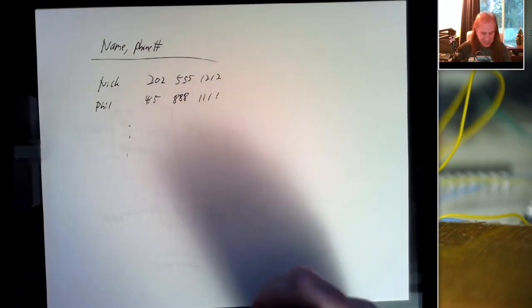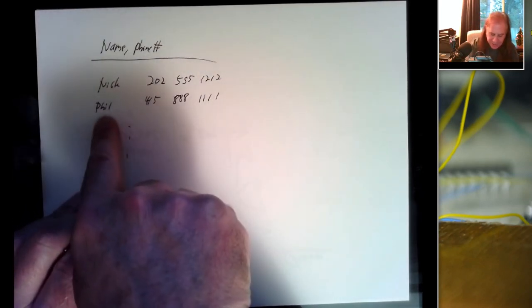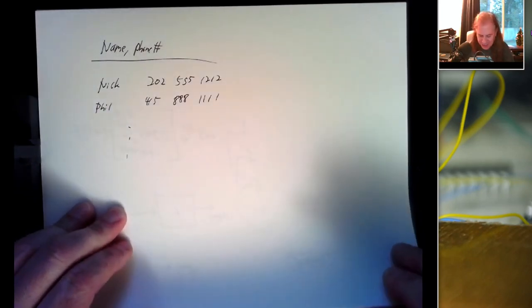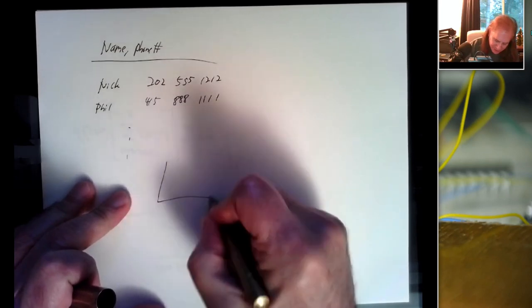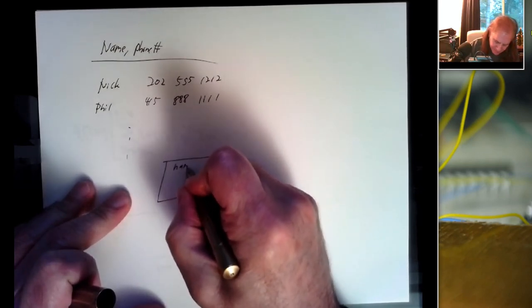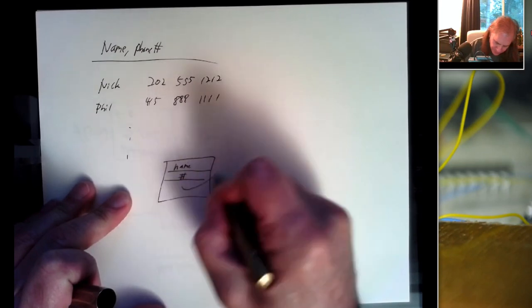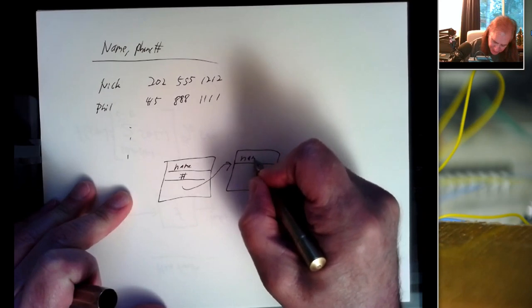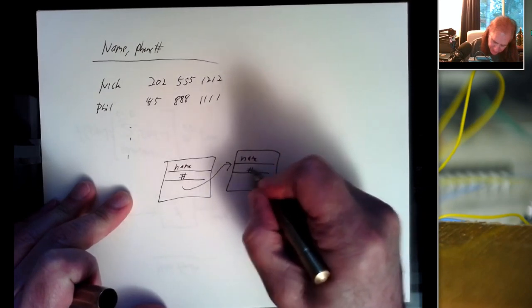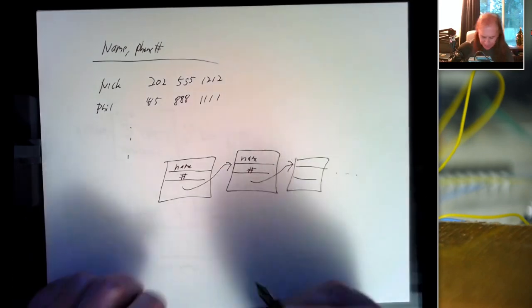So the idea is we take the names and we run them through a hash function. We map it to an index of a linked list, and then in that linked list we store pairs of information. So our linked list would look like name, number, and then a pointer to the next node in the linked list. And there's a name and a number and a pointer to the next node, and so on.